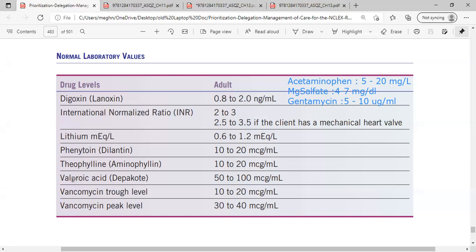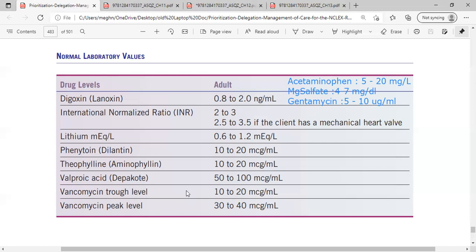Another medication we use is called valproic acid. Valproic acid's normal therapeutic index is 50 to 100 microgram per dL. Valproic acid is an anticonvulsant medication.